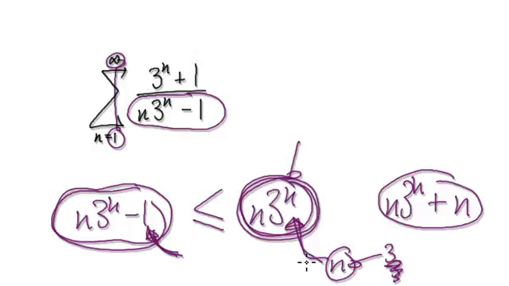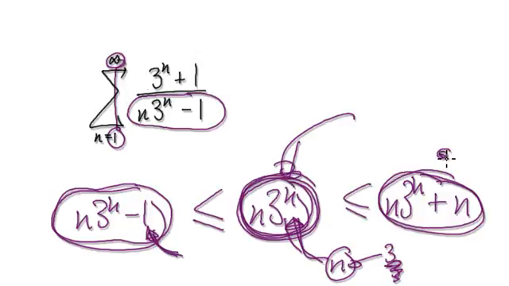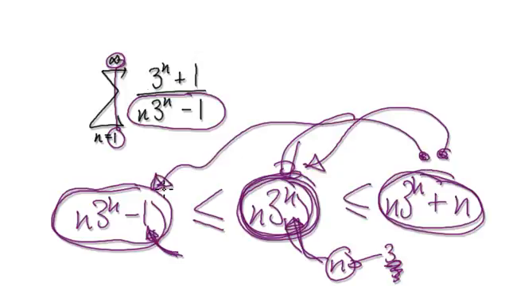Therefore, if you're adding something to this bubble, then this bubble here will be bigger or equal to this bubble here. So basically, this one will be bigger than this one. Therefore, we can say that this one will be bigger than this one here.